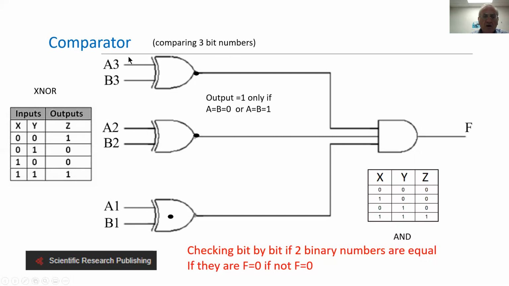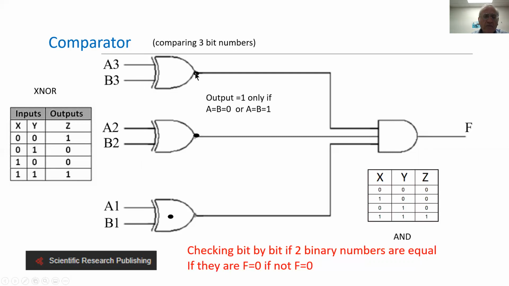And the only way that we could get a positive output at F is if both A3 and B3 are equal to each other, A2 and B2 are equal to each other, and A1 and B1 are equal to each other. So these are XNORs according to the designation.